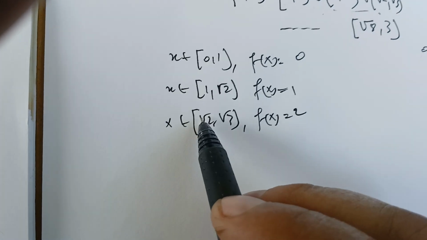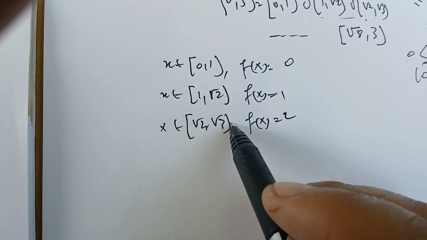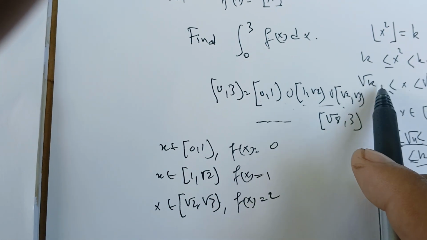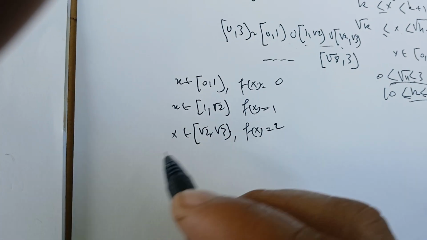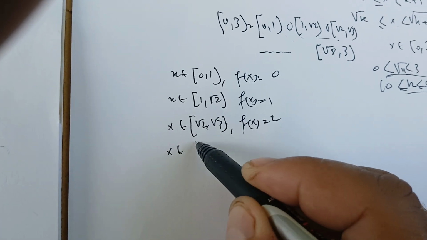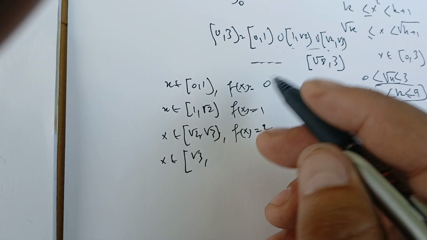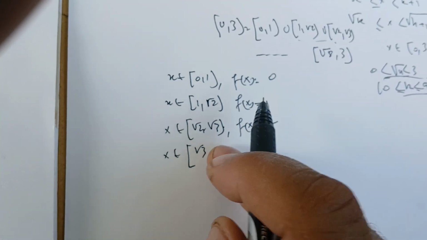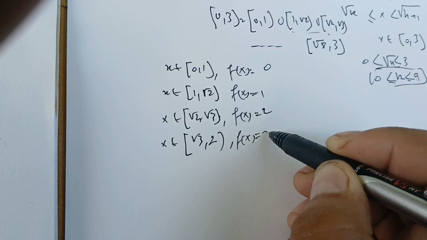Remember, the floor function in this case is just 2 because x is between square root of 2 and square root of 3, and therefore x squared is between 2 and 3. Now, if x is between the square root of 3 and the square root of 4, which is 2, f of x is 3.